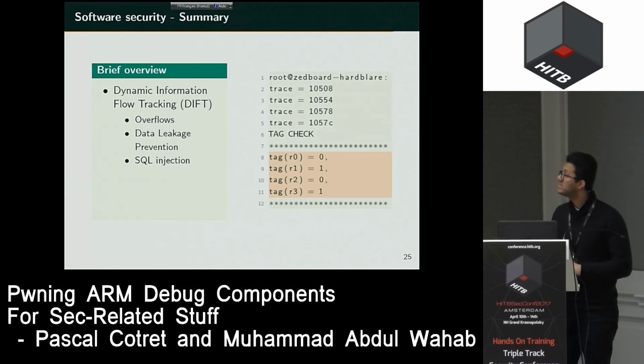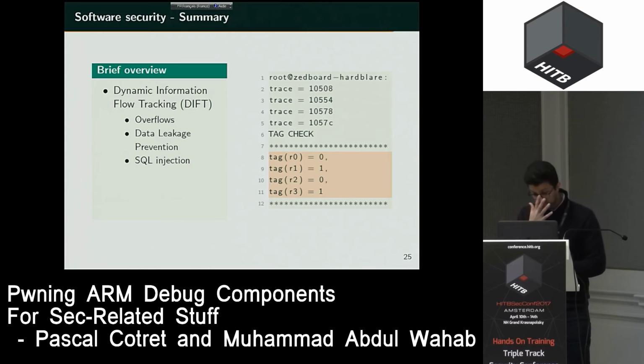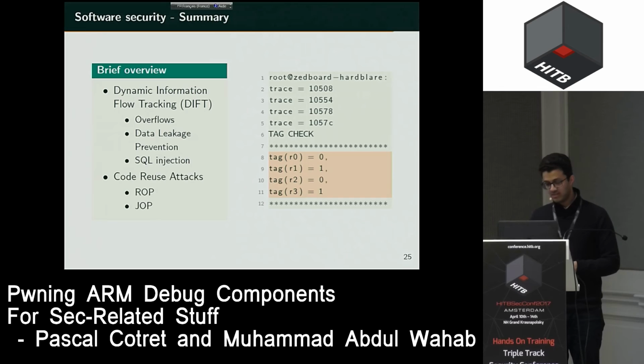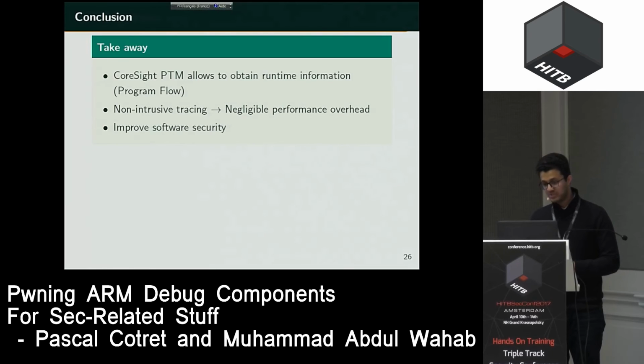So just to sum up, dynamic information flow tracking allows to prevent against buffer overflows, heap overflows, data leakage, as I showed you earlier, and SQL injections as well, cross-site scripting as well. We can use it to prevent code reuse attacks as well. And for those of you who have not heard of CoreSight components, this can be a takeaway for you.